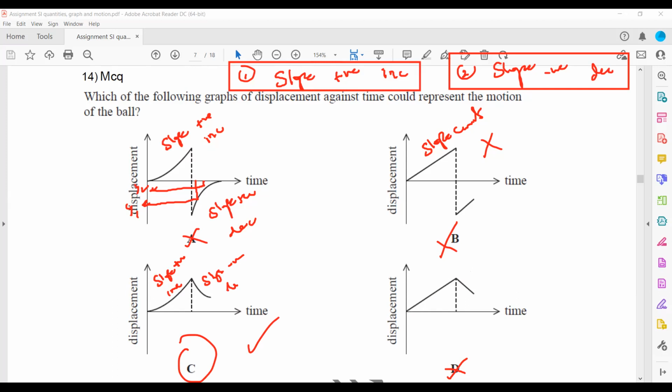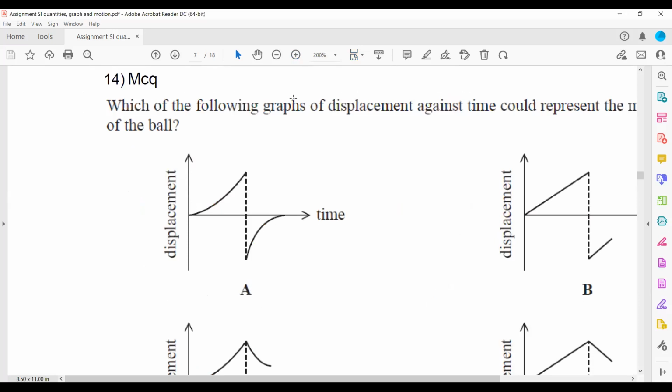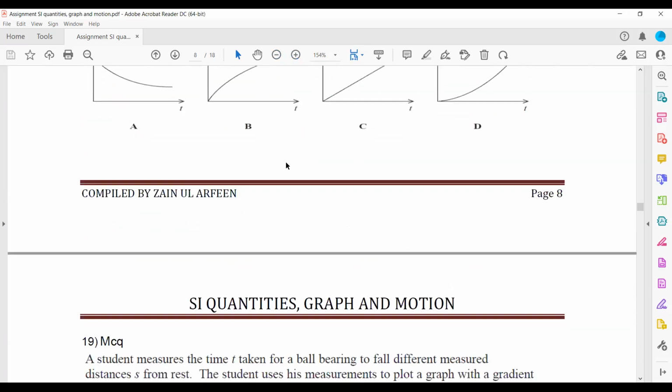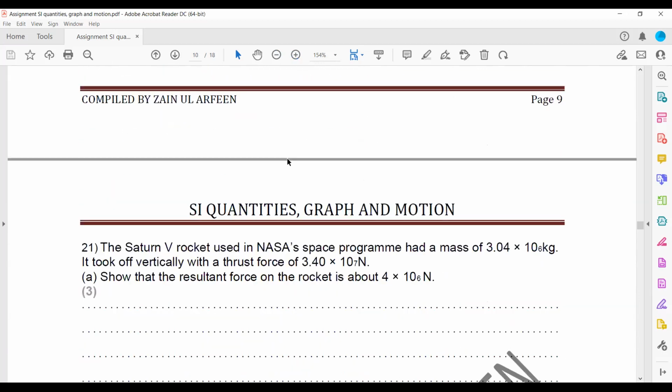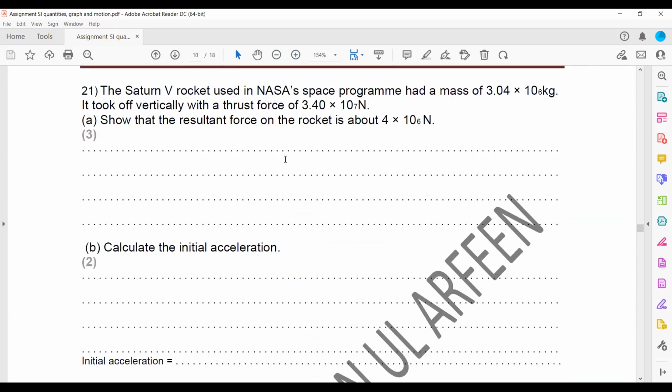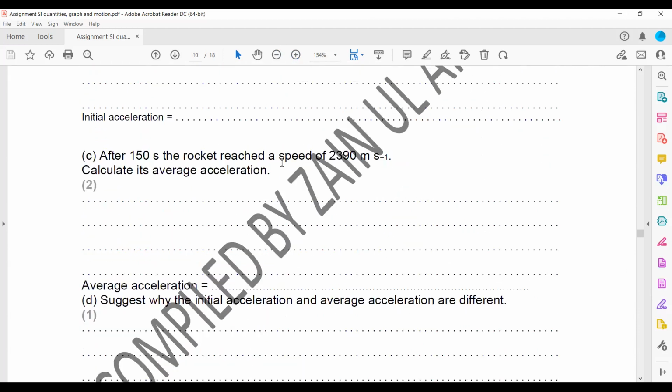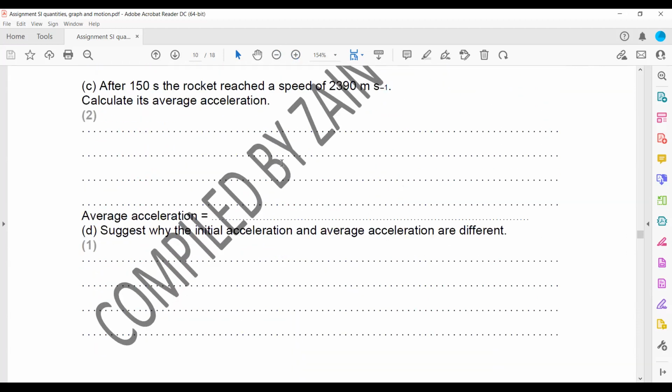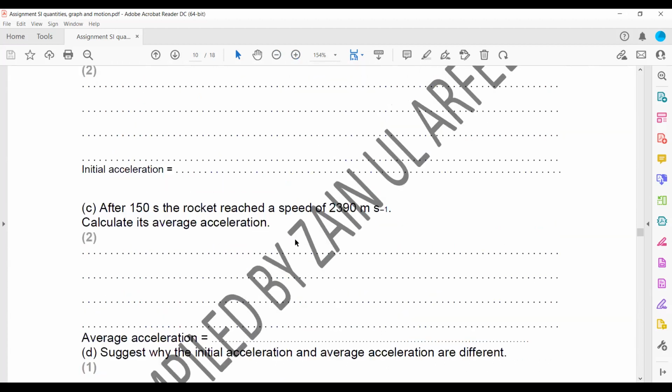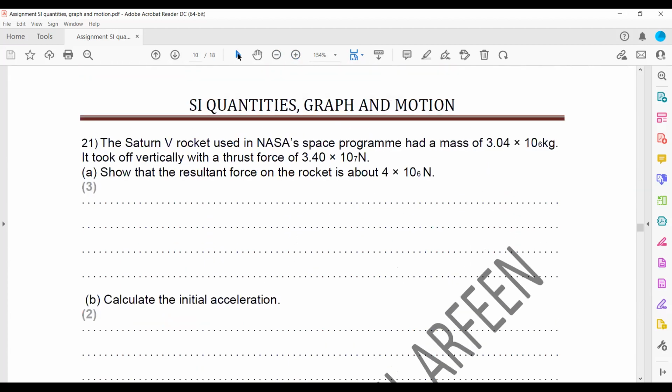Then question 21 part D. Suggest why the initial acceleration and average acceleration are different. If you read the question, it's a rocket used in a NASA program, which had a mass of 3.0 exponent 6.